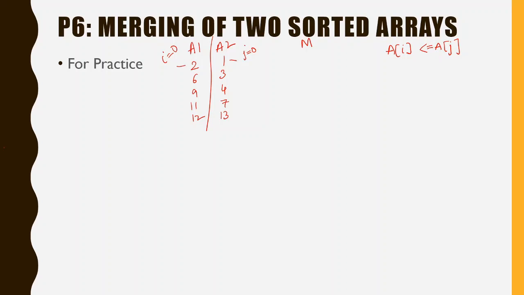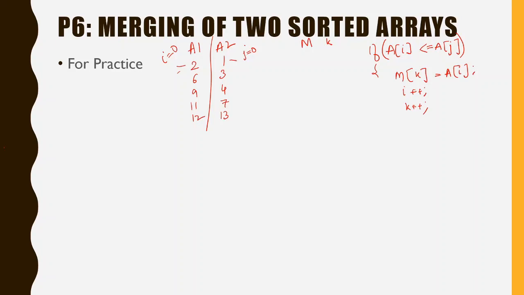So if ai is less than aj, then you take k as the index of the new element. You just have to put this k as ai. And then for the indexes you have covered, you increase I as I plus plus and k as k plus plus, right?